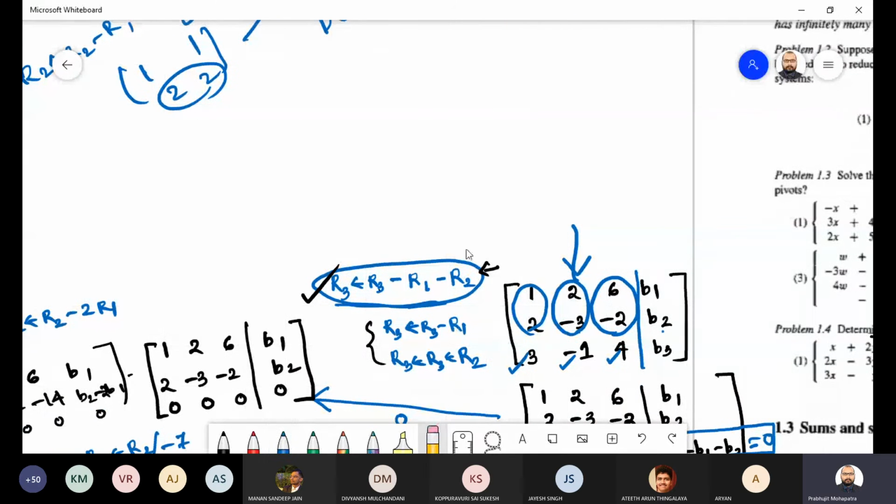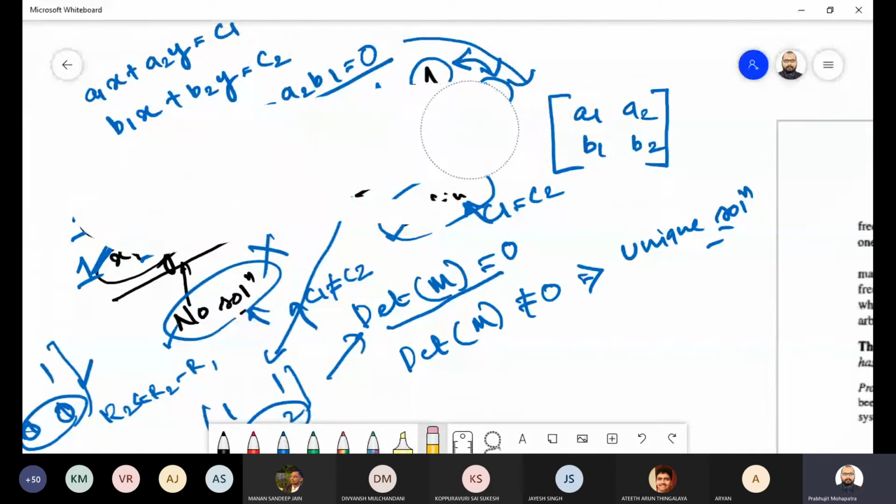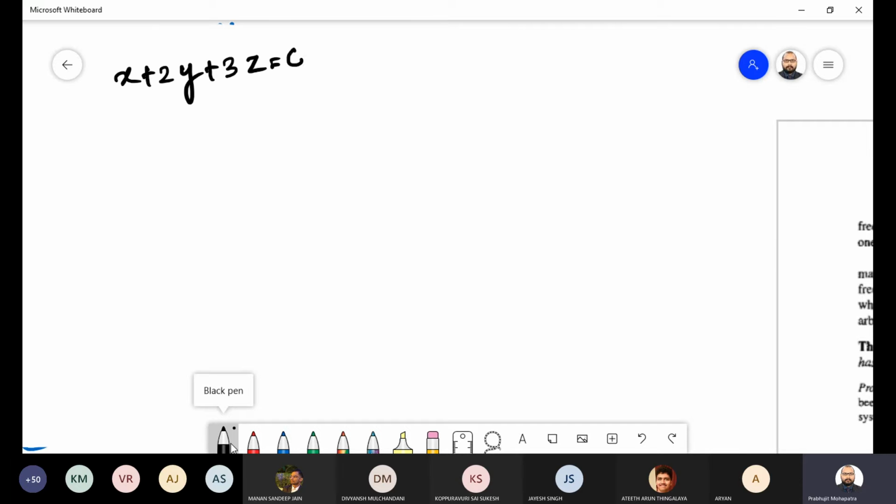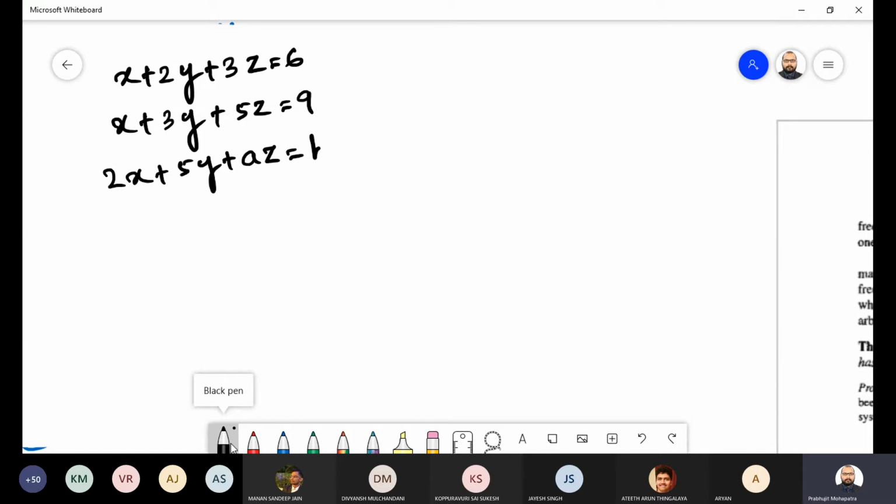Let me read it. The problem is: for what values of a and b is the following system given as x plus 2y plus 3z equal to 6, x plus 3y plus 5z equal to 9, and 2x plus 5y plus az equal to b.